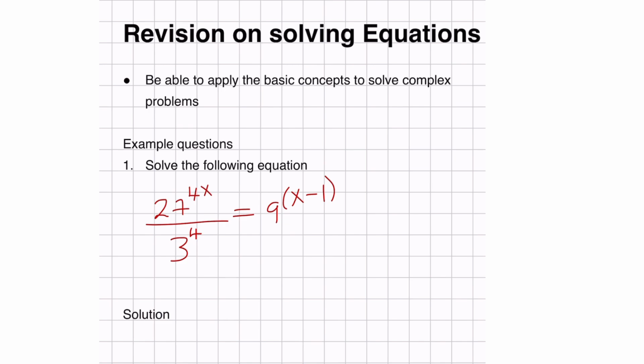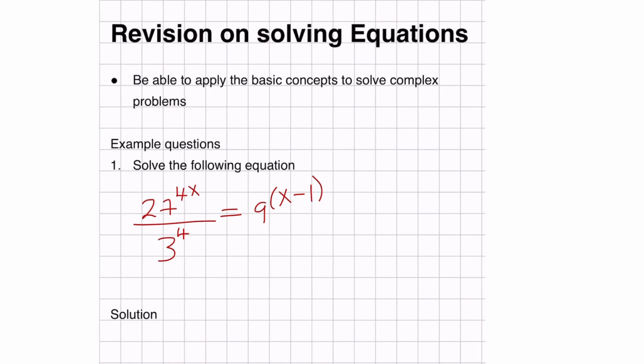We've got 27, 9, and 3 as bases. So we can convert 27 to leave it in the lowest base, which is 3, and we can also convert 9 to leave it in the lowest base, that is also 3. So let's see how we go about doing this.